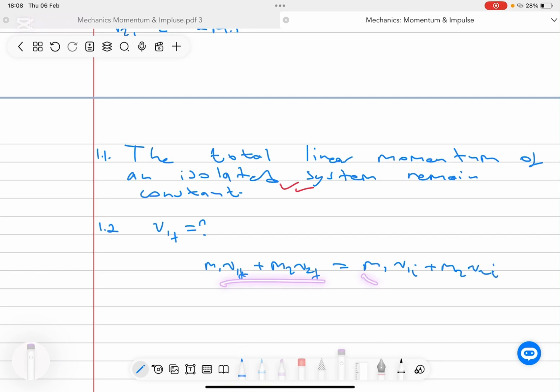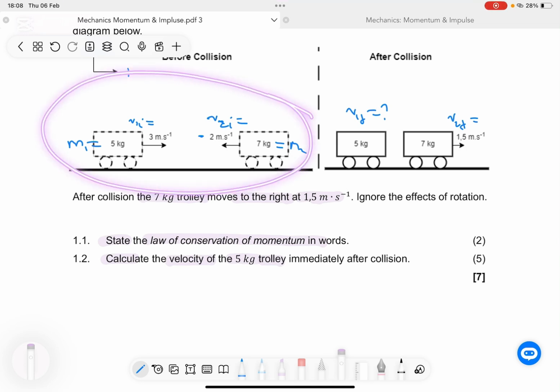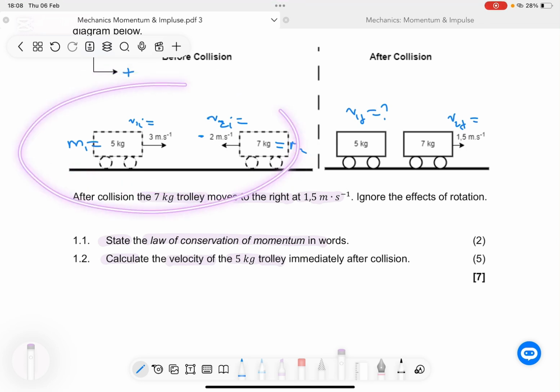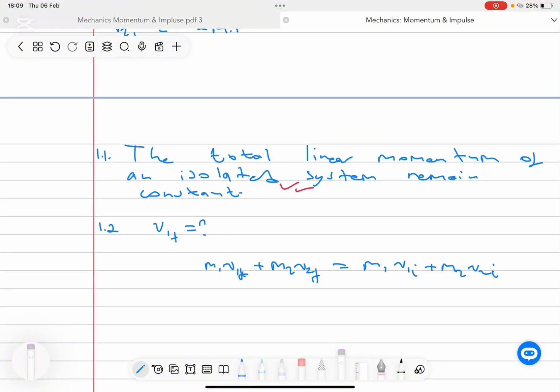The total momentum after collision should be the same as the total momentum before collision, because it's an isolated system, so it is conserved. We explained in detail in the previous lesson, lesson 6, what that means.